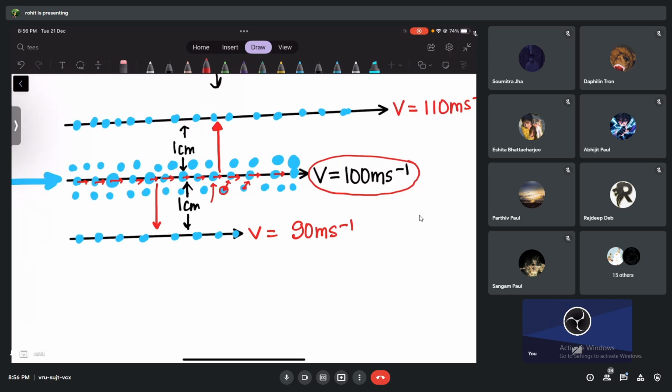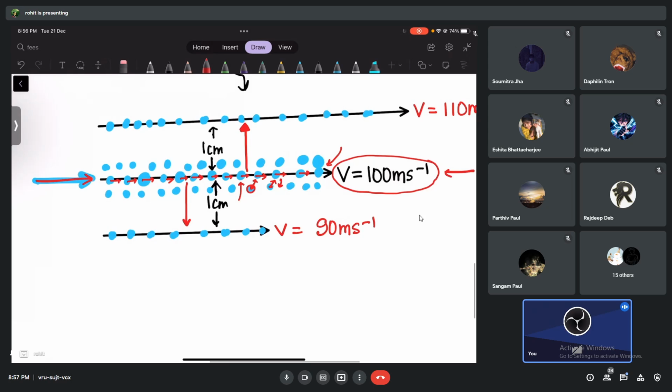Yes. So the molecules here want to move forward, but the molecules below it are not moving forward at the same speed. It's like this particular layer is going to drag. I'm repeating again: this particular layer of liquid is trying to drag the molecules below it. Can you understand this?